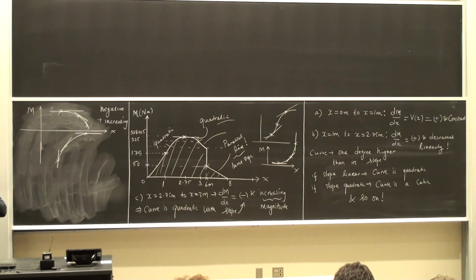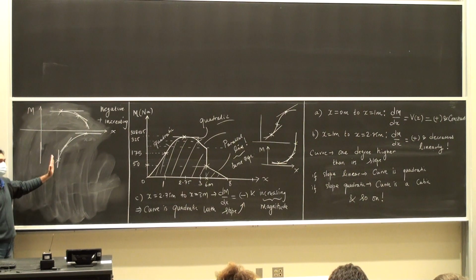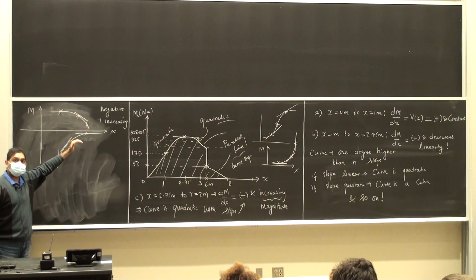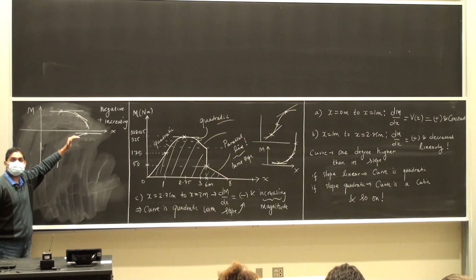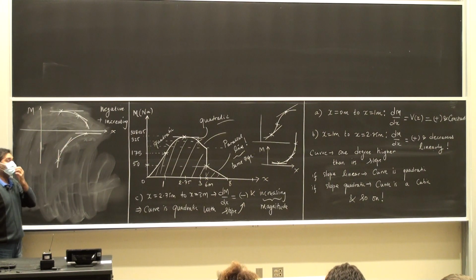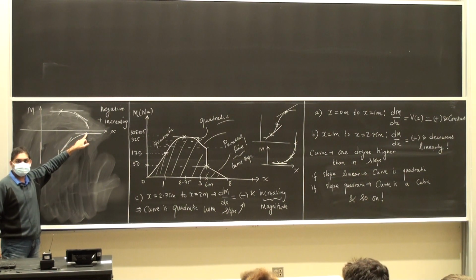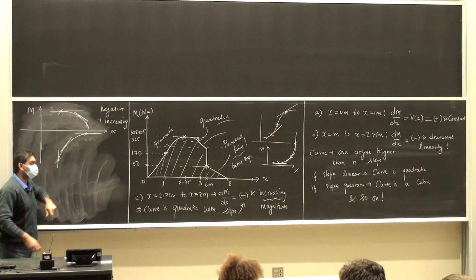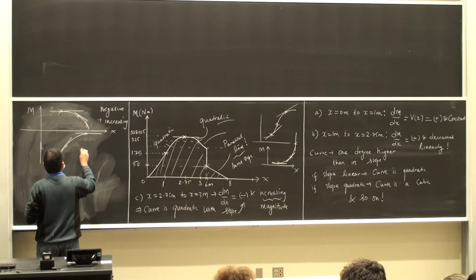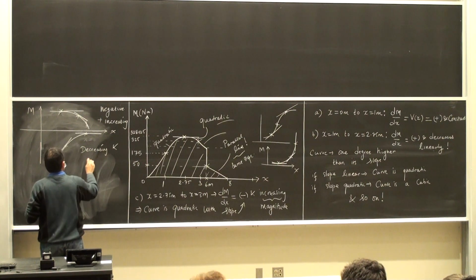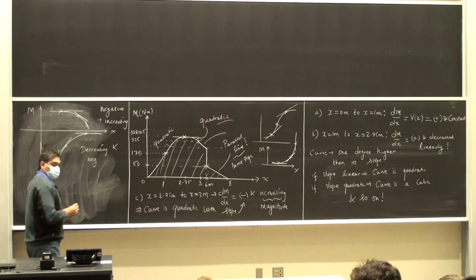That's the tangent line at that particular point. What's the slope doing? The slope is decreasing, and is it positive or negative? Positive. Positive because it's taking something that was negative and making it less negative. Okay? So this is now a decreasing, and positive, I'm sorry.